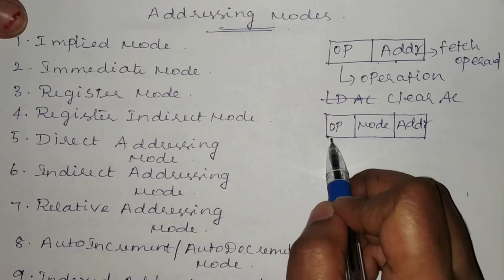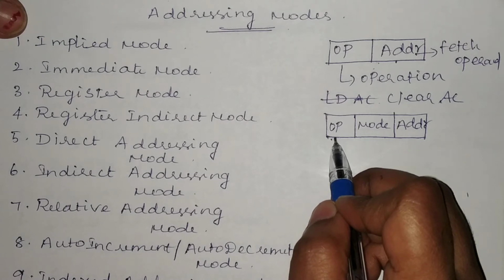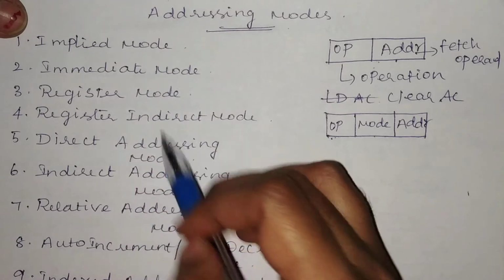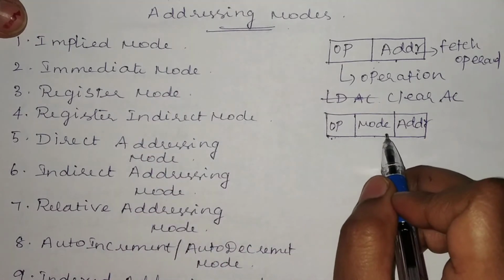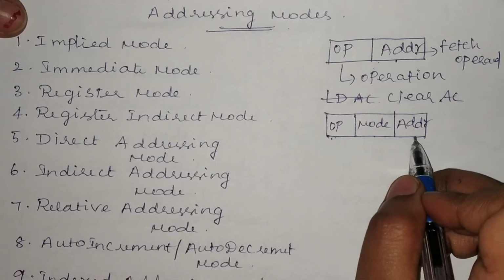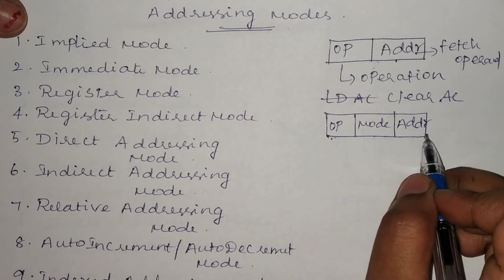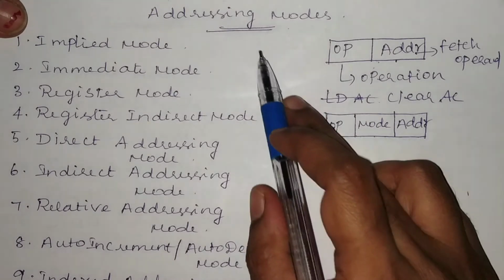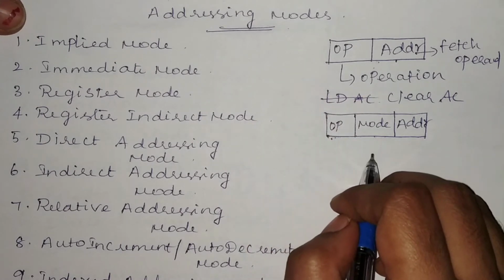The opcode tells about the operation we're going to perform, the mode part tells which kind of addressing mode you're going to use in your instruction, and the address part represents where we can fetch the operand.